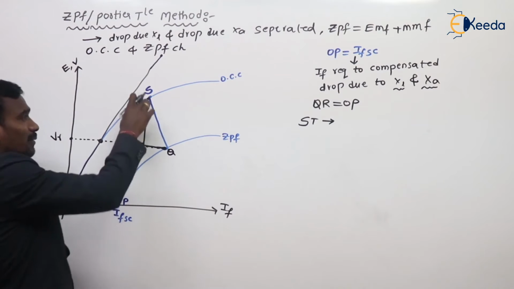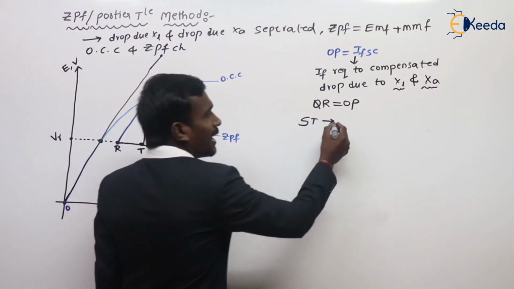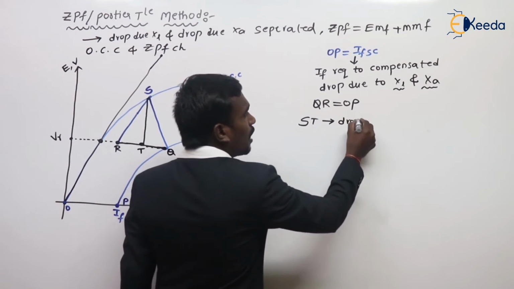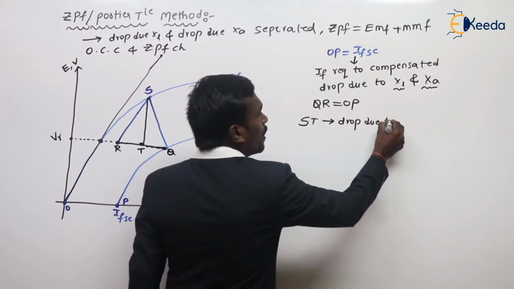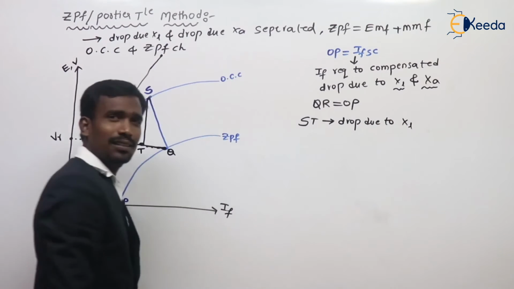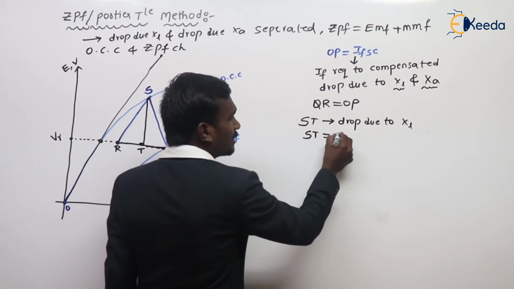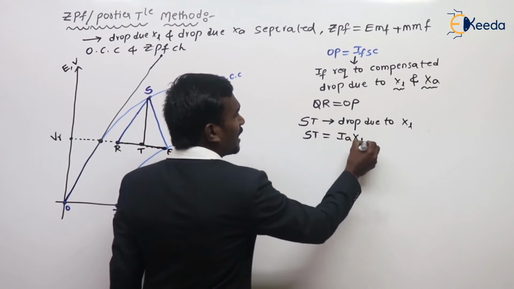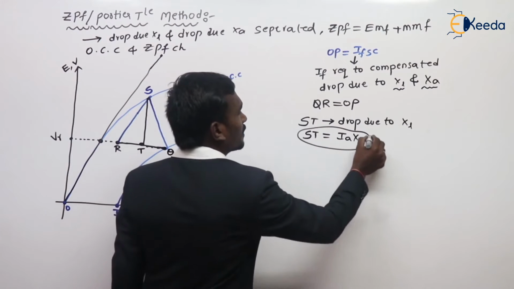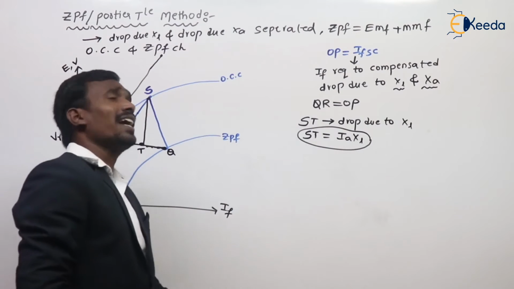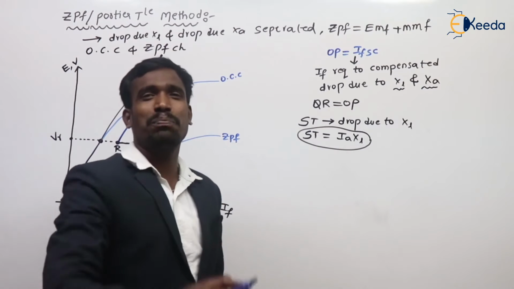At rated voltage, this line ST gives us the drop due to XL, nothing but IAXL. The drop due to XL is IAXL. This is a very important point.